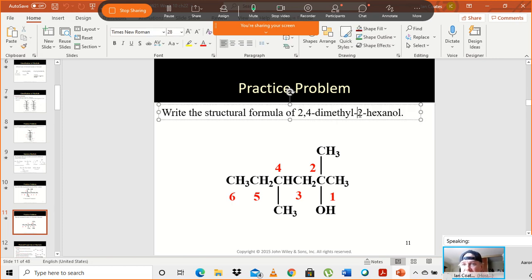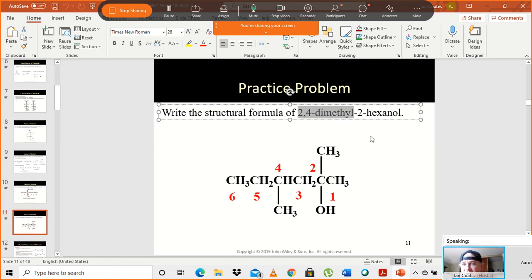Why won't this let me highlight this? There we go. So we want to start with this one first. So we want 2-hexanol. All right. 1, 2, 3, 4, 5, 6. So you're a hexane. And on the 2 carbon, we have an alcohol group. So that's done. Now let's move forward onto here.